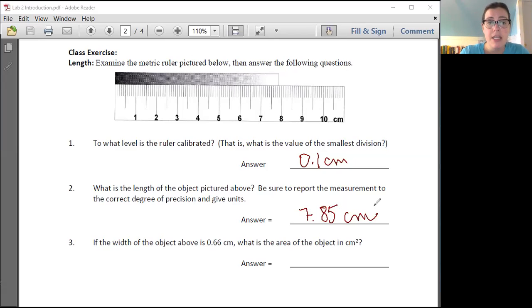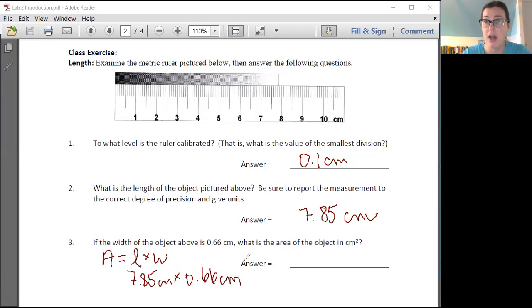Okay. Now, if the width of this object was 0.66 centimeters, what would the area be? So for a rectangle, our area is equal to length times width. So we're going to multiply 7.85 centimeters, our length, times 0.66 centimeters. And that 0.66 only has 2 significant figures.